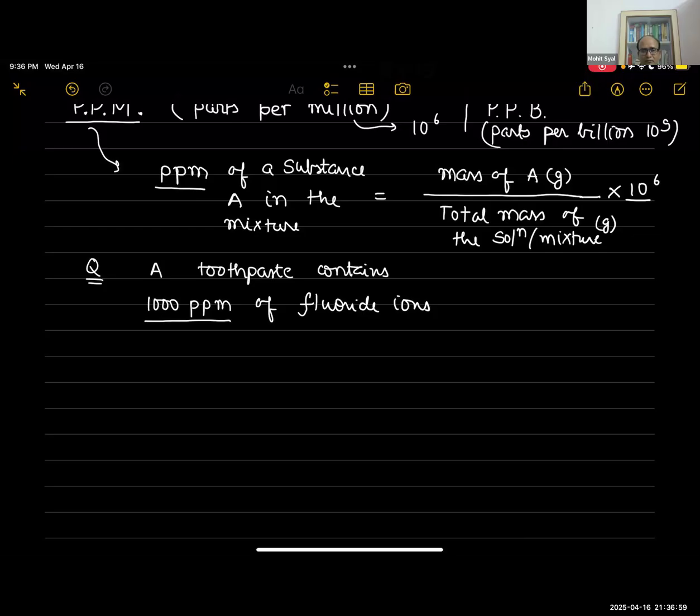So this is ppm. Normally we find the ppm from the mass divided by total mass into 10 to the power 6. But this is a reverse question. ppm is already given, but I am asking a different thing. Find the mass of fluoride in a toothpaste sample.